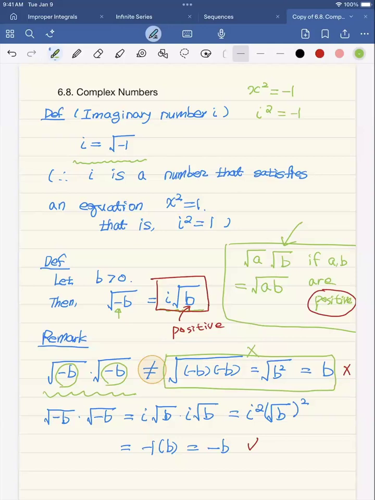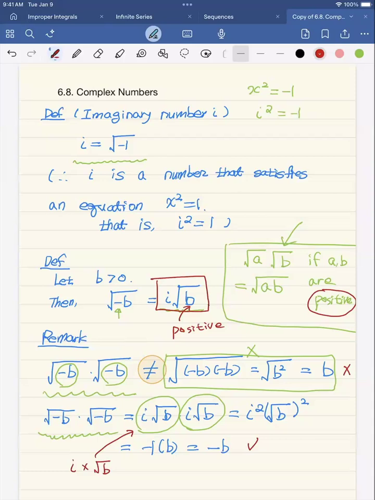So when we calculate square root of minus b times square root of minus b, we have to rewrite it as i square root of b times i square root of b. This i is not sticking to the square root of b. That is i times square root of b times i times square root of b.